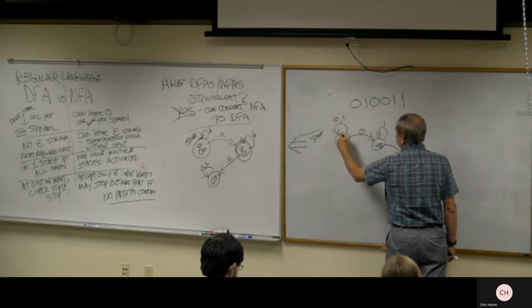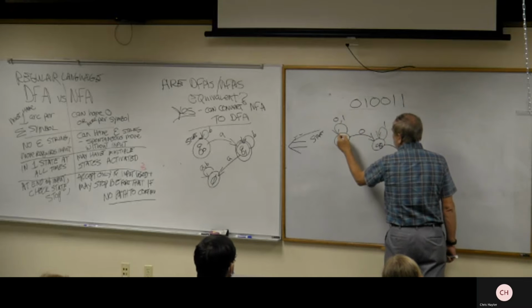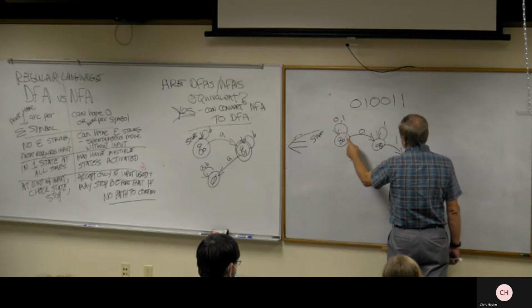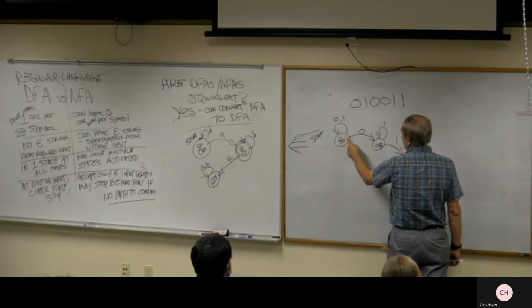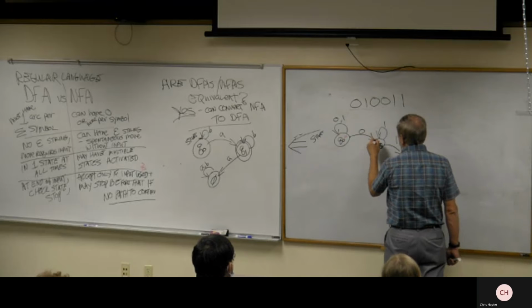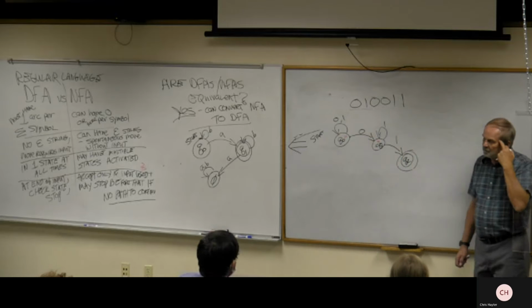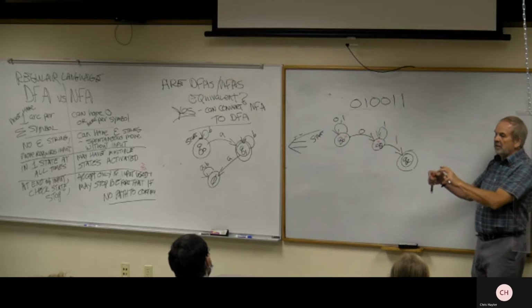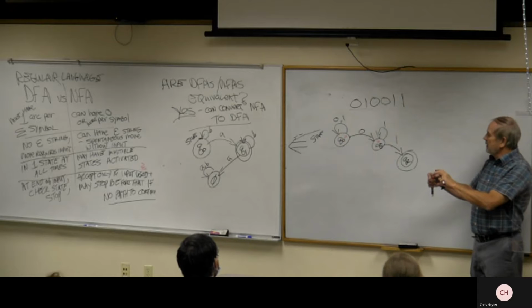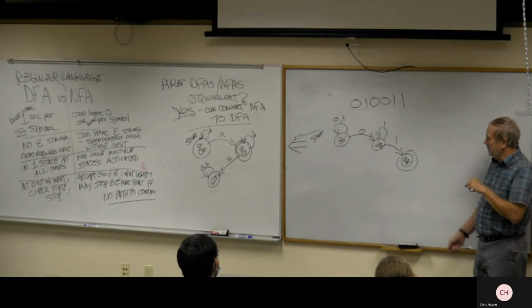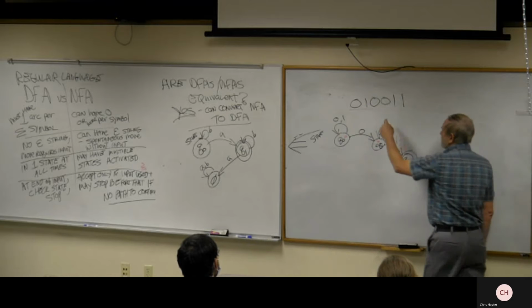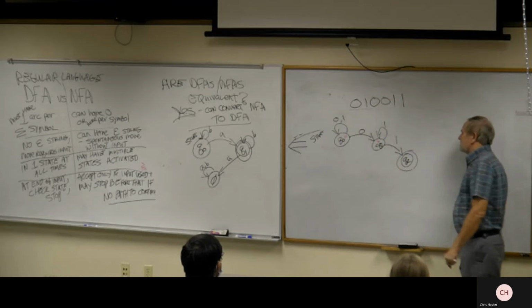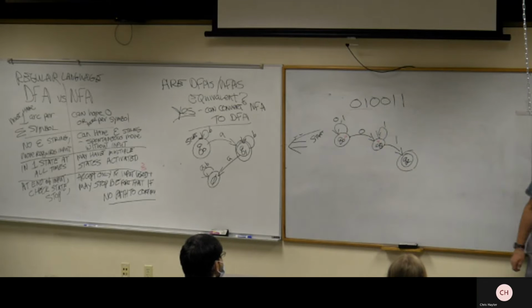So that 0 from Q0, I could loop on here. And since Q0 is already activated, this 0 can also come through and activate this one again. So Q0 was on and waiting for input. We gave it a 0 and it said, oh, okay, I can loop by myself and I can go to Q1. So at the end of this character, it's maybe a little uncomfortable.